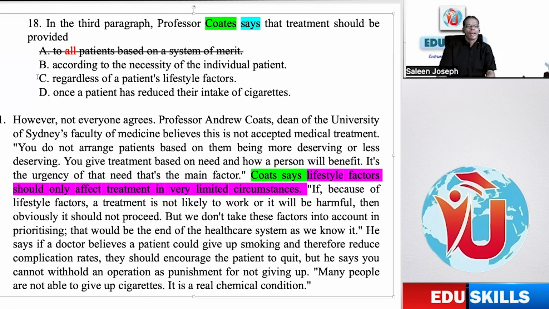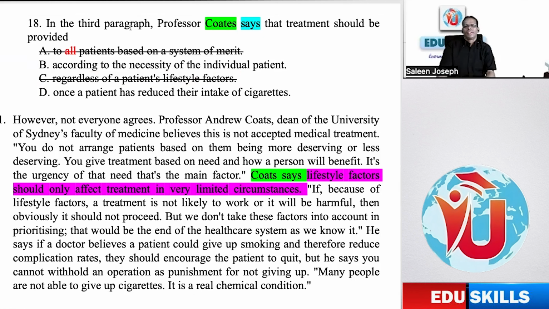So you do have an opposite of this in the options: regardless of the patient's lifestyle factors. This can be eliminated because that is the opposite, right? Yes, Father. See, that limited. Any other option? Option D: once a patient has reduced their intake of cigarettes.